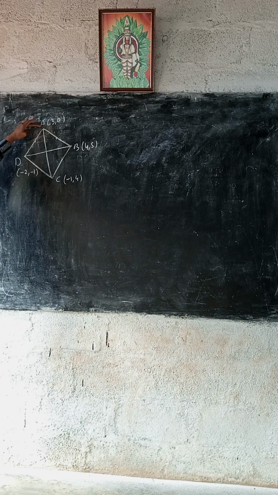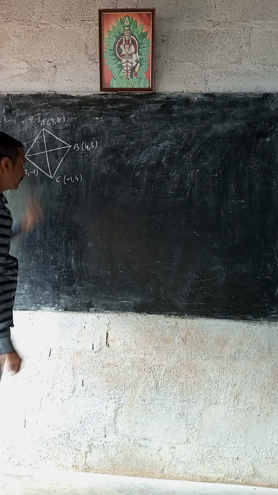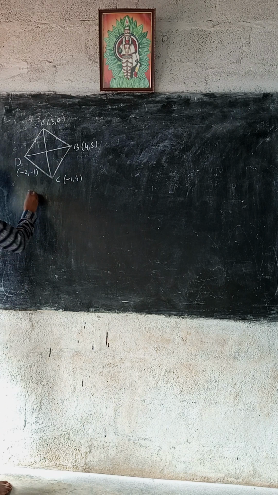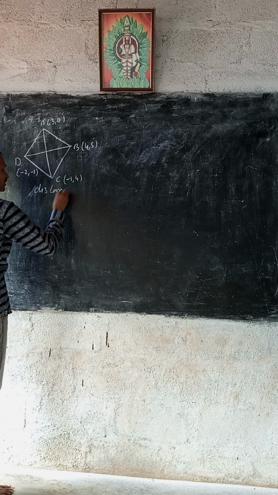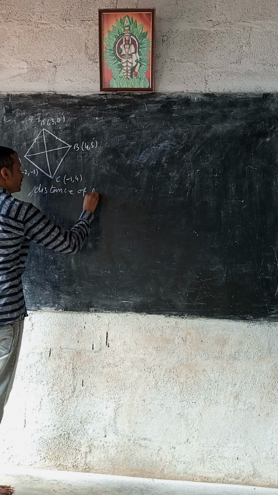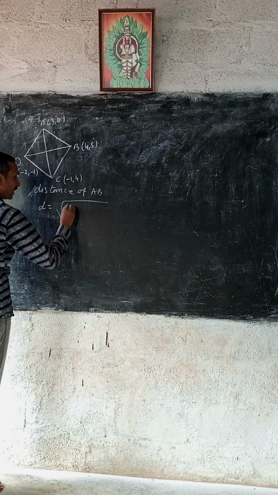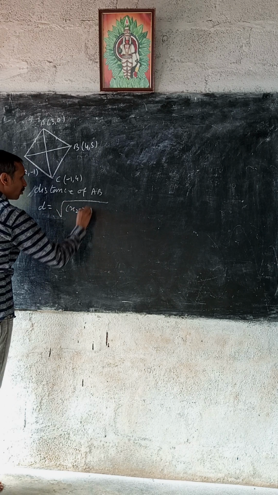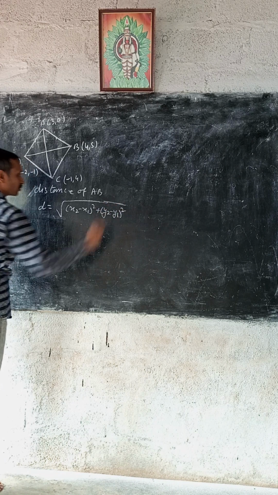First we find the distance AC, then the distance BD. You know the distance formula from the last video: D is equal to root of (x2 minus x1) whole square plus (y2 minus y1) whole square.